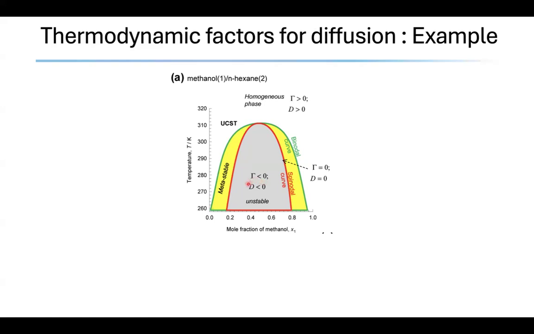This implies that your Fick diffusion coefficients are also negative inside the spinodal dome. On the other hand, if you look at the region outside the spinodal dome or outside the binodal dome, your thermodynamic factors are positive and they have a Fick diffusivity that is greater than 0.